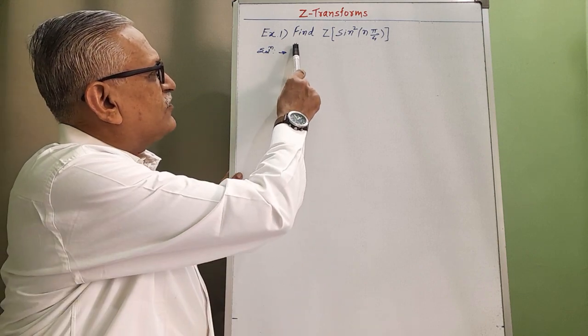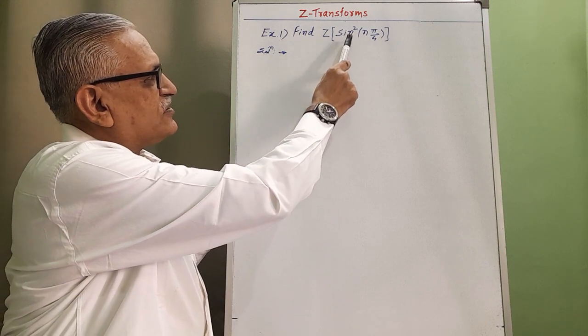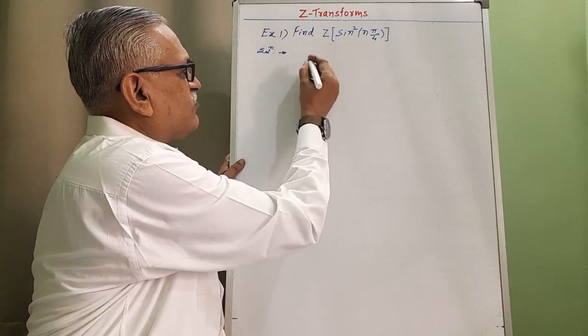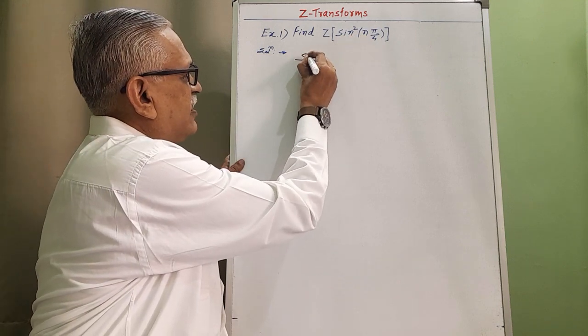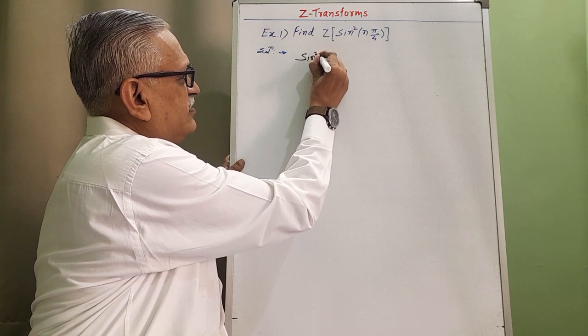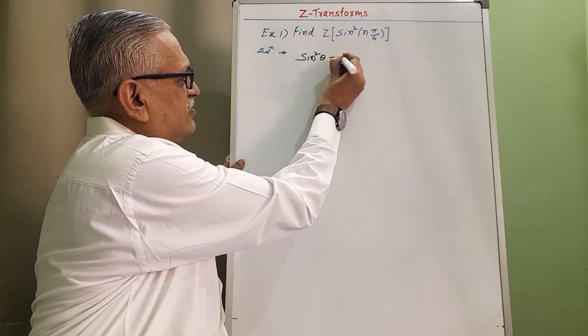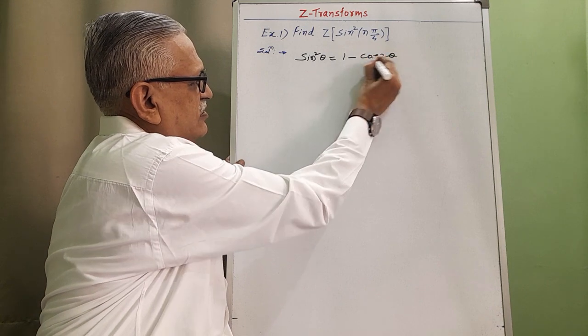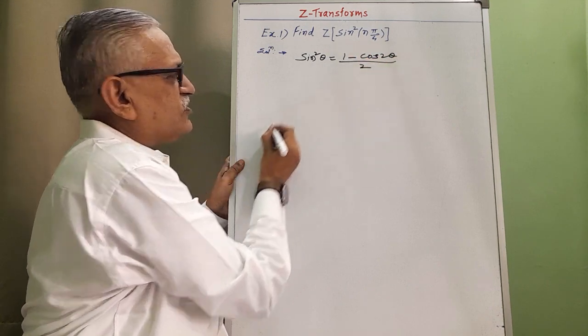Let us find the Z transform of sine square of n pi by 4. To determine this Z transform, we use this standard result from trigonometry. We know that sine square theta is (1 minus cos of 2 theta) divided by 2.